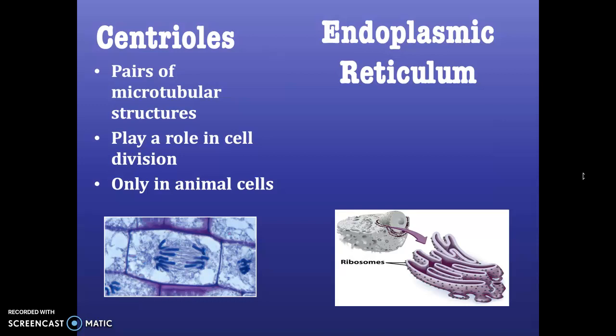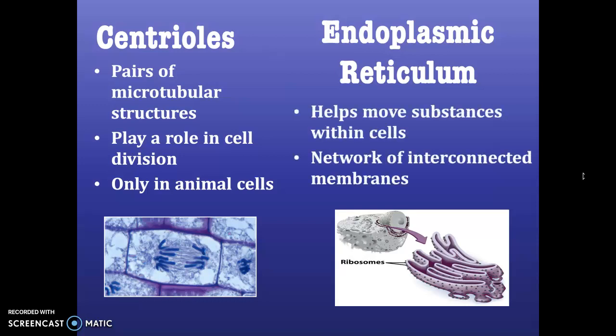Okay, another structure that we have is something called the endoplasmic reticulum, usually just known by its two initials, the ER. The endoplasmic reticulum, as you can see there from the picture below, usually starts near the nucleus and then works its way out through the cytoplasm.